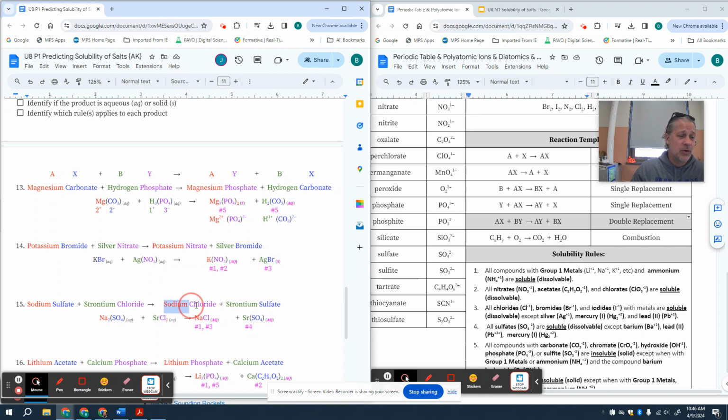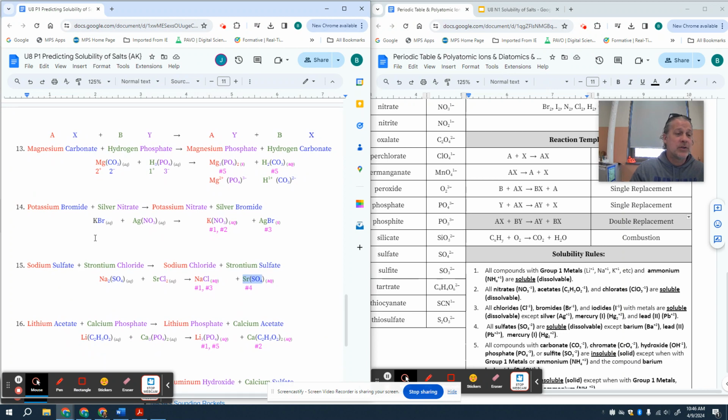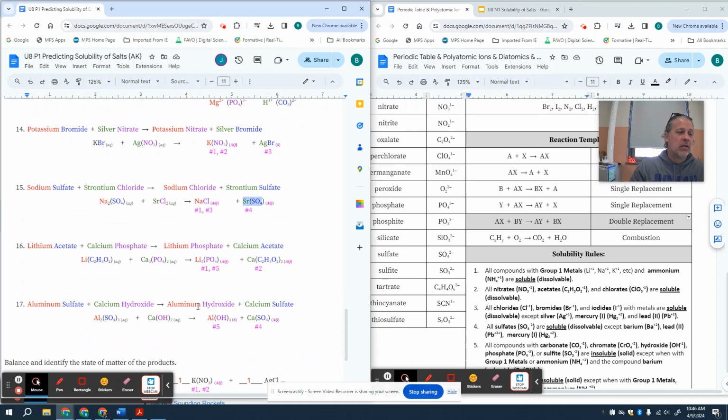Number 15, sodium and chloride came together, and strontium and sulfate came together. So you got NaCl, and it was aqueous because of rule number 1 and rule number 3. SrSO4 was aqueous because of rule number 4. So actually, in reality, that should, well, we'll talk about that in a minute. And then for number 16, lithium and phosphate came together, and that was aqueous because of rule number 1, but also rule number 5.